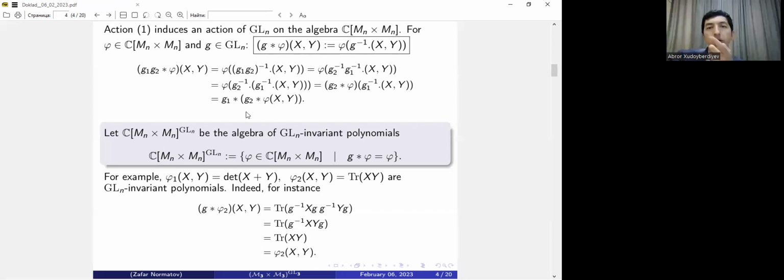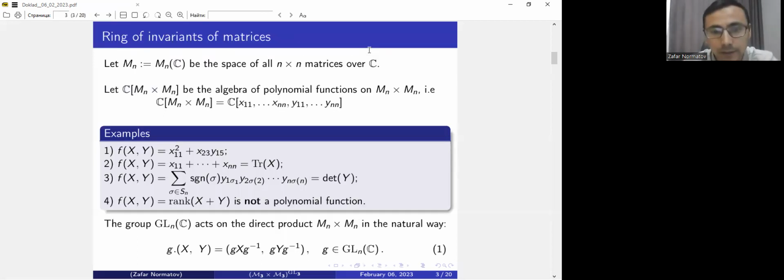Zafar, don't hurry. How do you define action here? So we have the dot action, right? Can you repeat dot action? How? The dot action is the conjugation action.